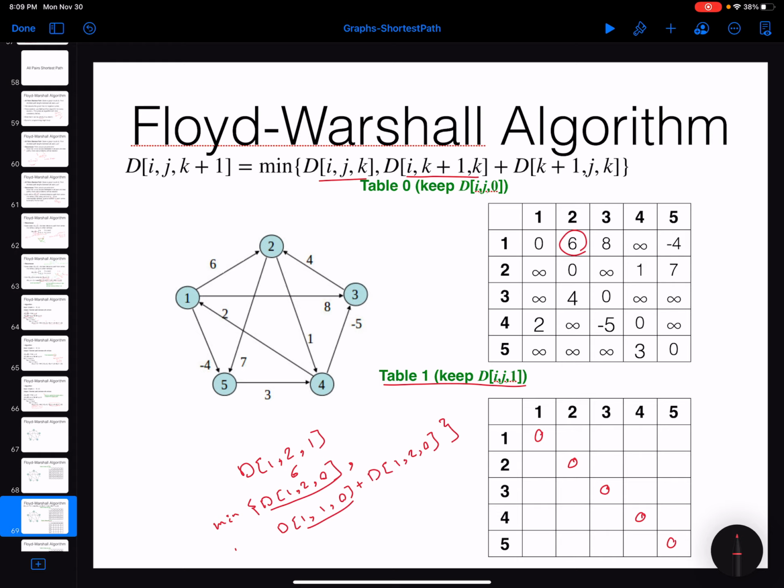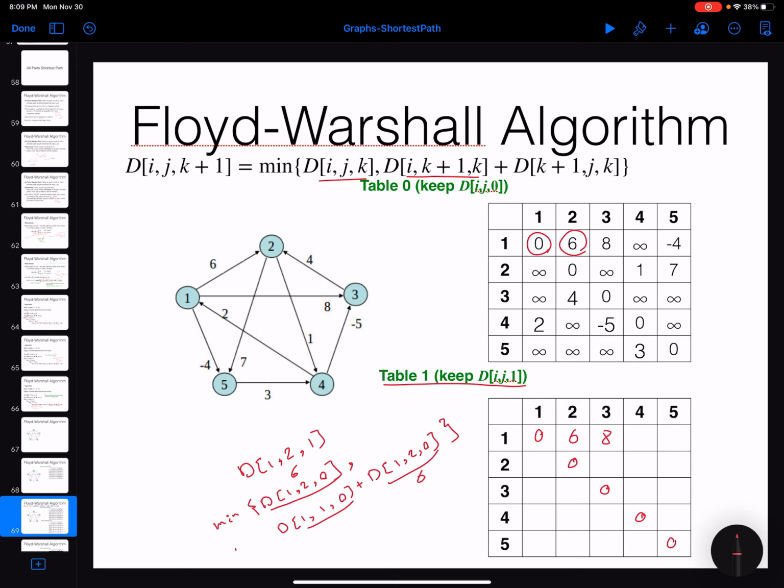This one is going to be 0, and this one is going to be again 6. So basically this is going to be 6. Very similar for 3. The 3 is going to be 8 as well.